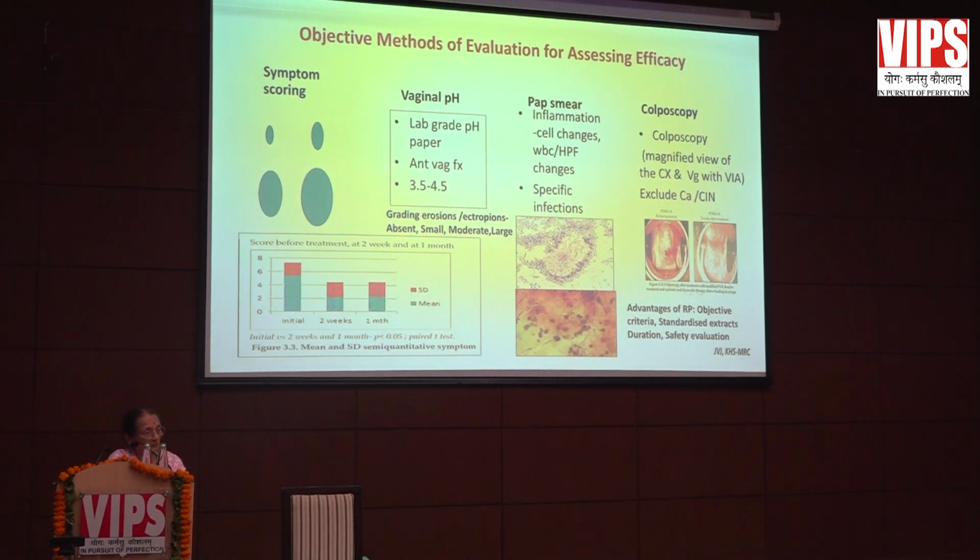They did not exclude any cancer, they did not exclude any HIV or severe infections like gonorrhea or others. So we did all those. We used laboratory grade pH, and here you can see a polymicrobial infection. These are the branching candida, and this is the colposcopic demonstration of healing.